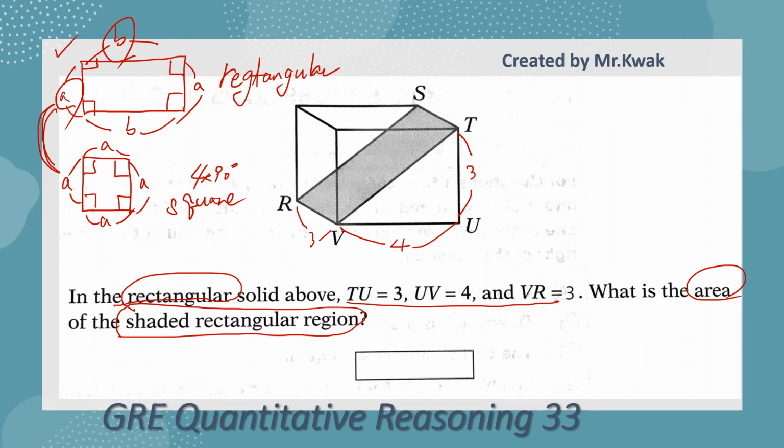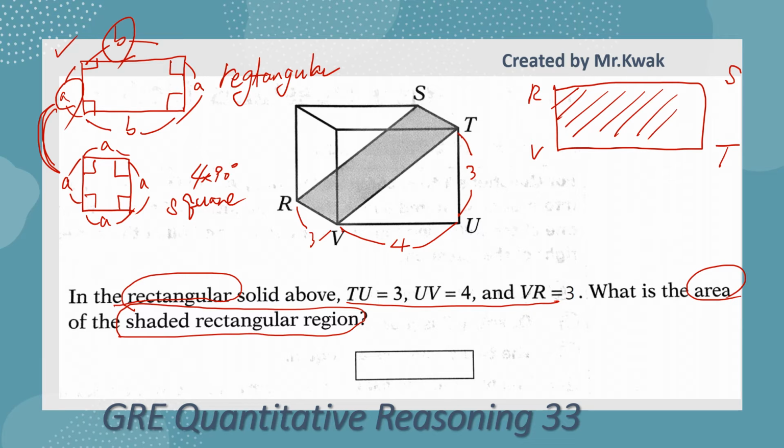Then let's move on to the point. Shaded rectangular region. In that case, which means R, V, T, S. This part is the shaded area, and if we know the length of RV and RS or VT, the area is just 3 multiplied by that length.